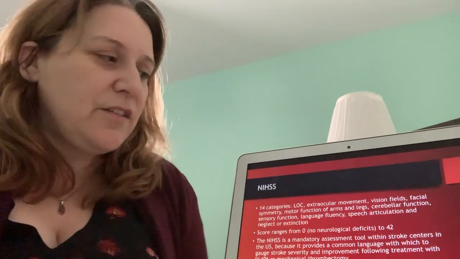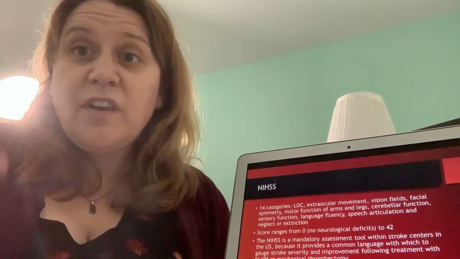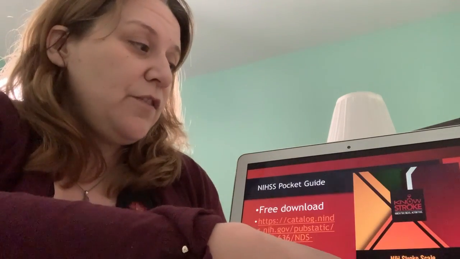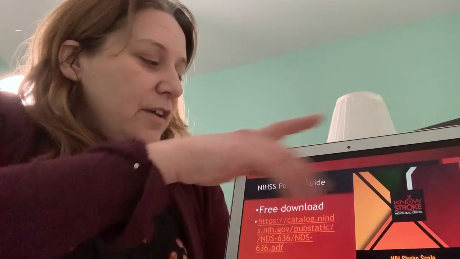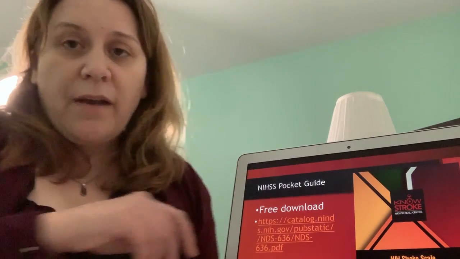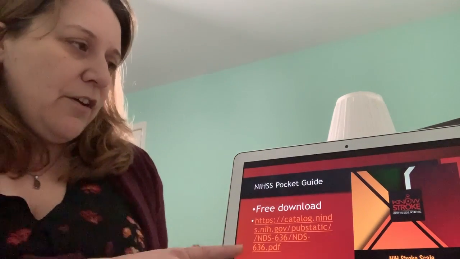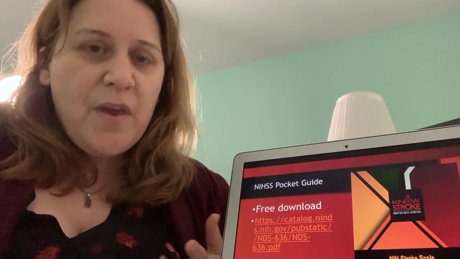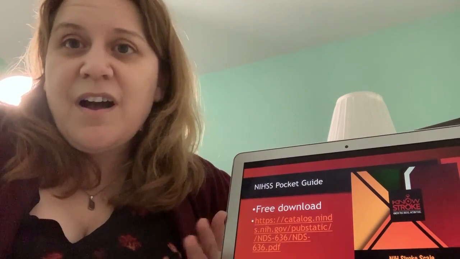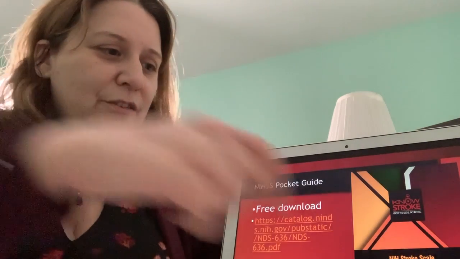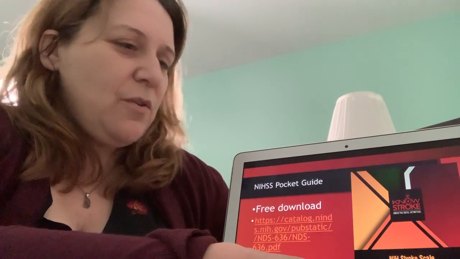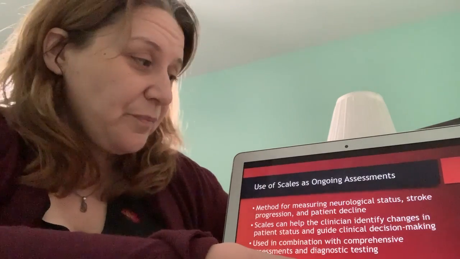And I think that's really important, especially given the complexities of the stroke population. This is an NIH stroke scale pocket guide. I have the link here. You can download it. It's invaluable. I carry it with me in my nurse toolkit at all times, and it's always good to have a refresher.